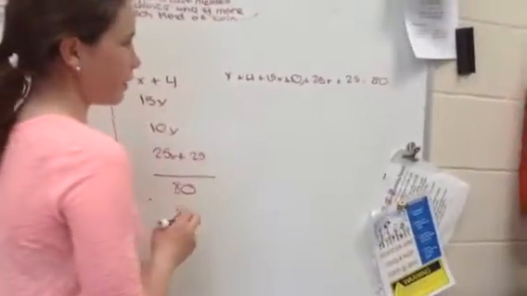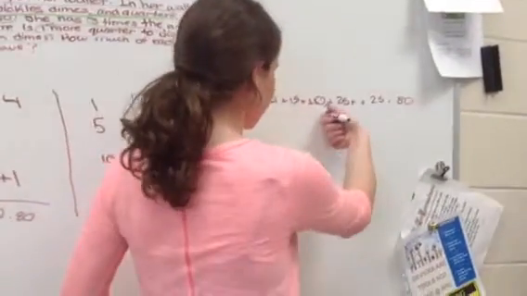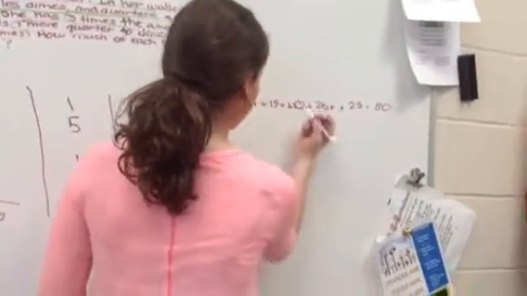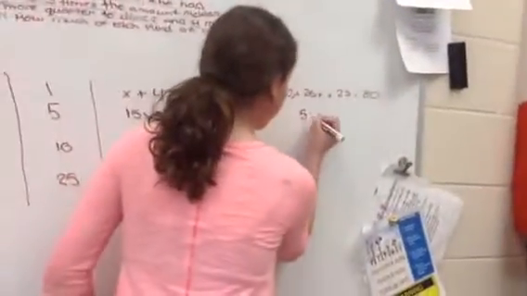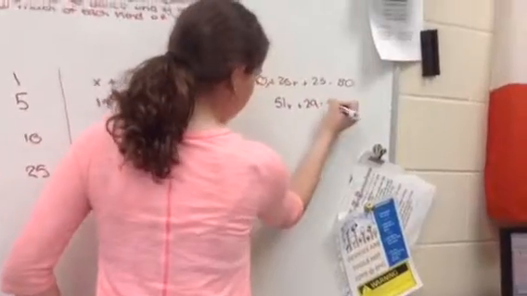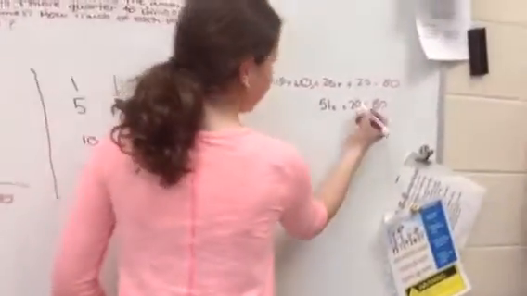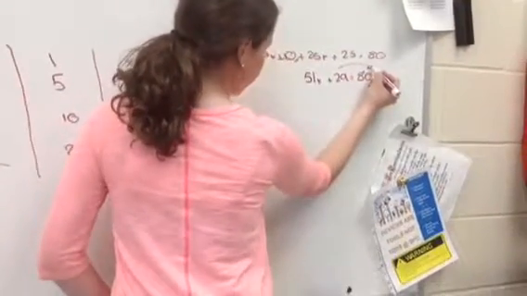So now you can do like terms and add all the x's up and all of the plain numbers up. So 1 plus 15 plus 10 plus 25 is 51. 51x plus 29 equals 80. So now you can isolate the variable and take the 29 to the other side.